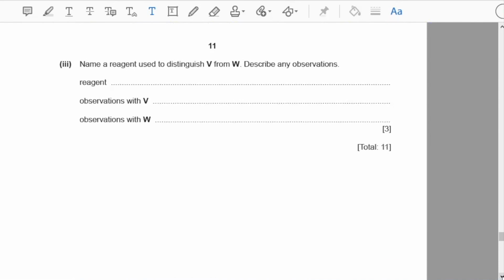Part 3, name a reagent used to distinguish V from W. Describe any observation. So V was a primary alcohol and W was a tertiary alcohol. This is all part of theory. You need to learn all the reagents and their results with different substances.